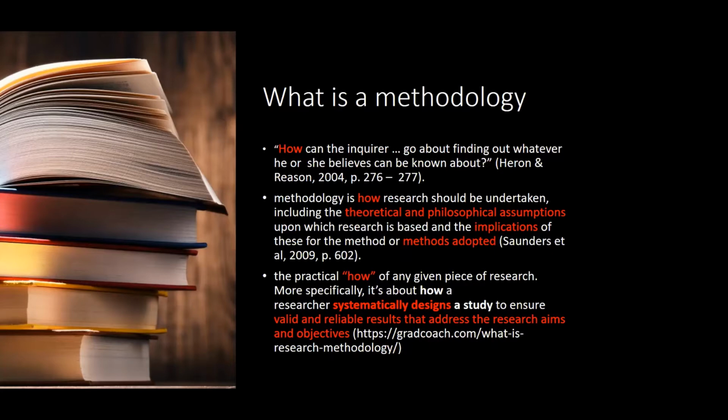So just to show you, even outside the traditional texts around methodology, there's a common understanding of what methodology is across all sources. And this site argues that it's the practical how of any given piece of research. So it's how you systematically design a study to ensure valid and reliable results that address the research aims and objectives.